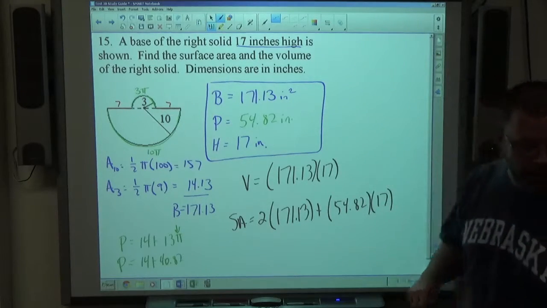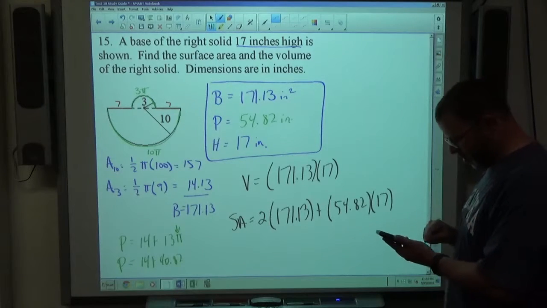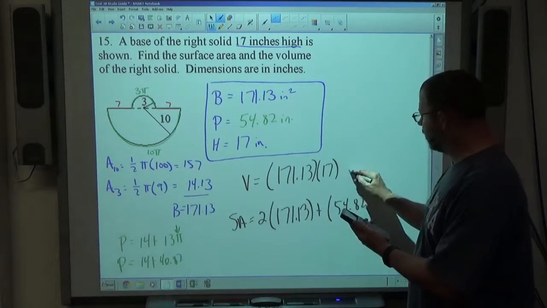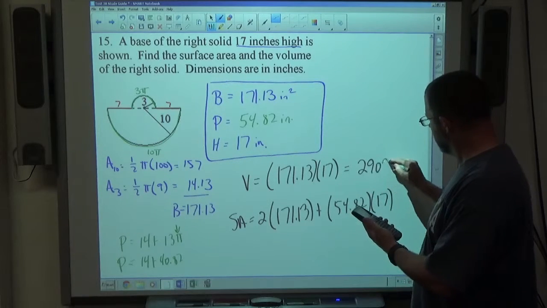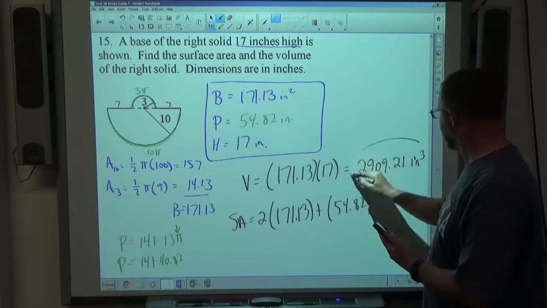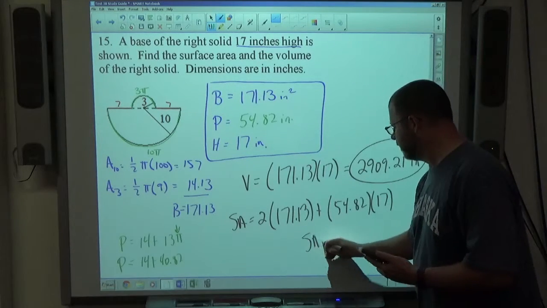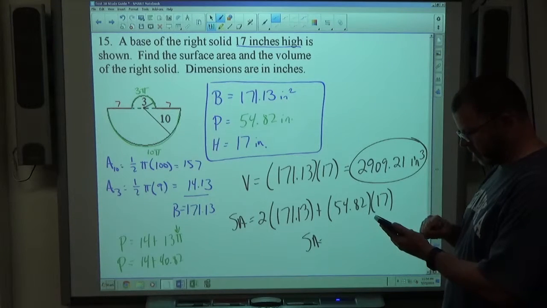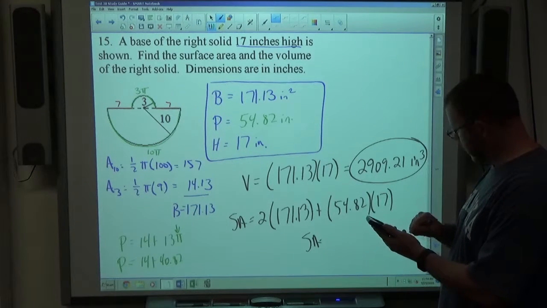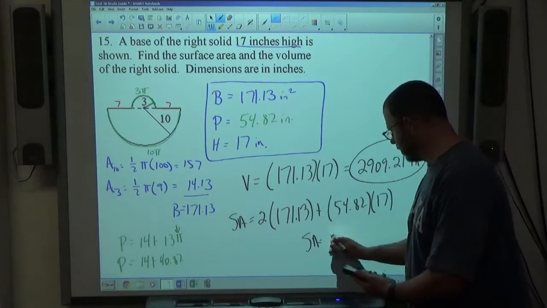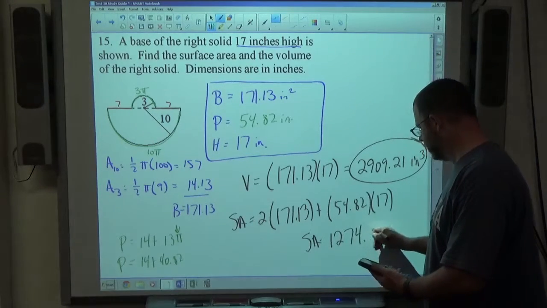I'm going to calculate with a calculator because it's easier. 171.13 times 17 comes out to 2,909.21. That's going to be cubic inches. In the surface area, 2 times 171.13 plus 54.82 times 17 comes out to 1,274.2 inches squared.